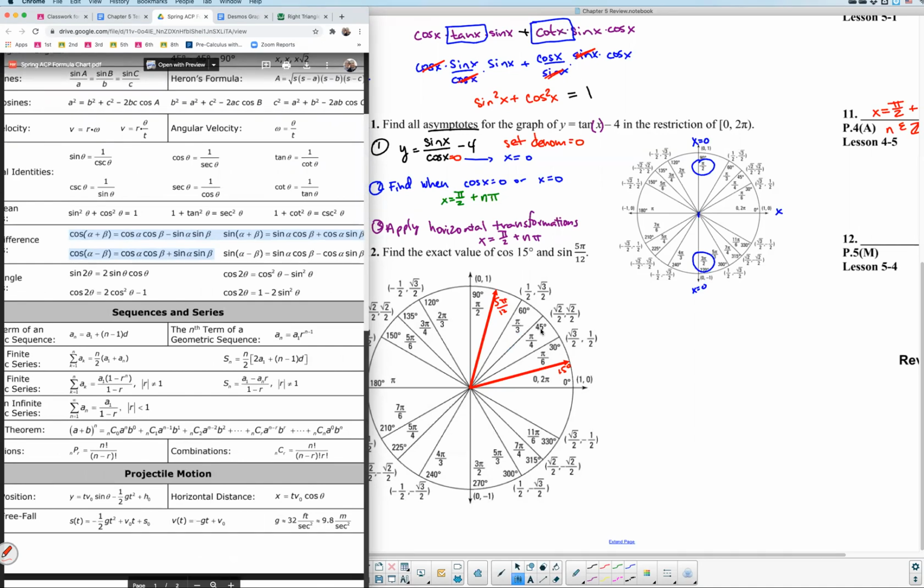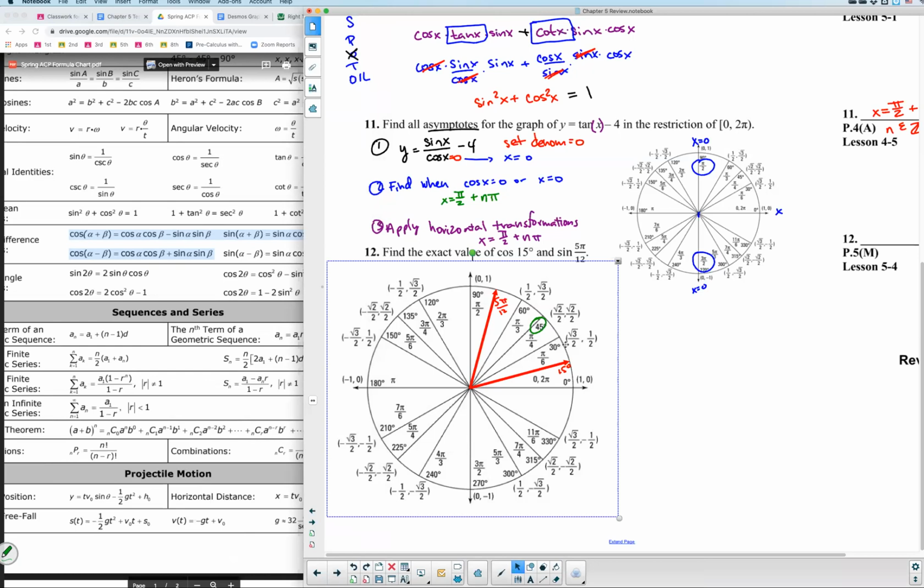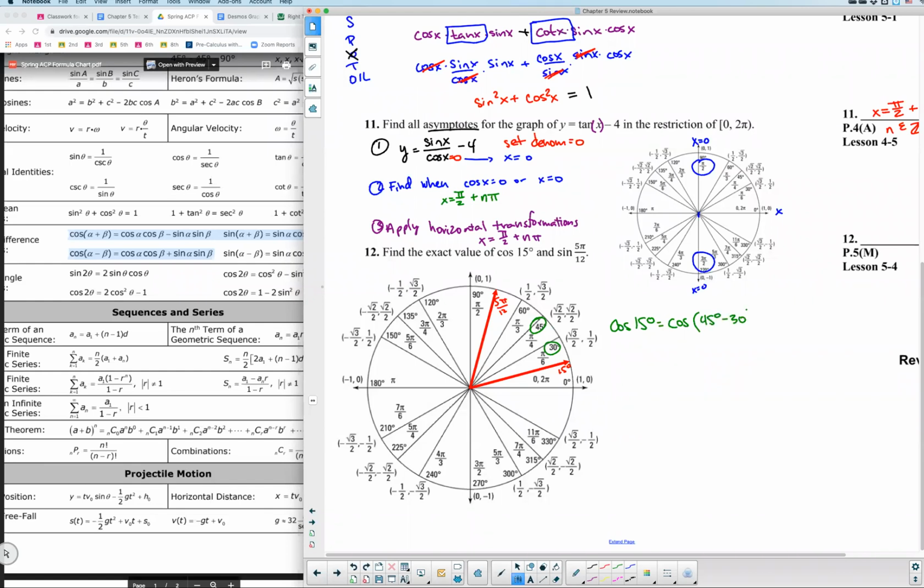I could say 45 minus 30 is 15, 60 minus 45 is 15. I could go over here and say 135 minus 120 is 15. You can choose any one of those and you should get the right solution. I'm just going to choose the first 2. I'm going to work with 45 and 30 degrees. So cosine of 15 degrees is going to be equal to cosine of, in parentheses, 45 degrees minus 30 degrees.